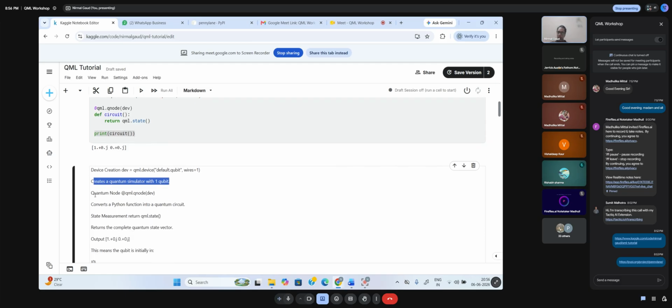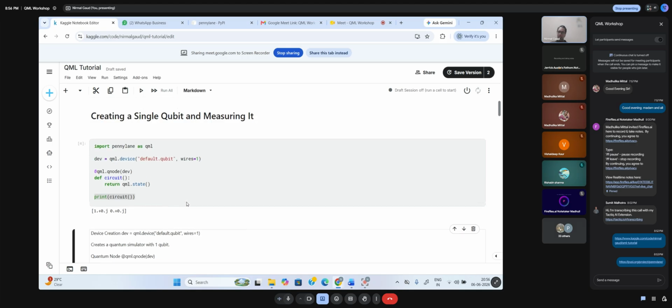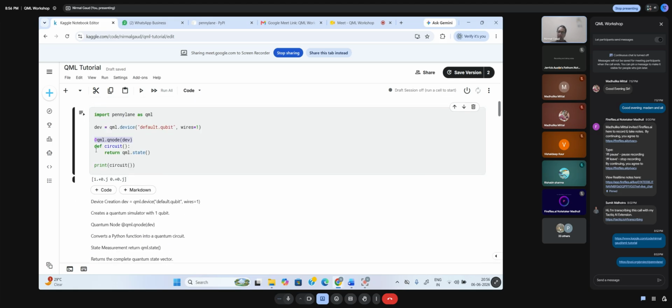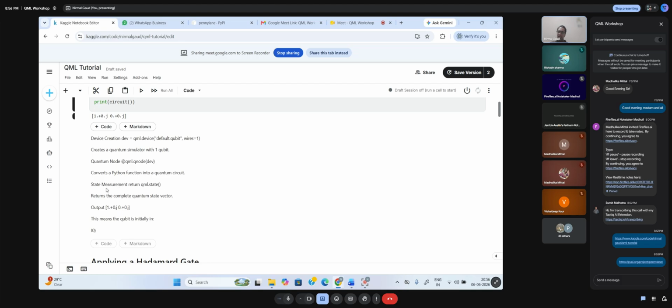Then the quantum node will be created, and that will convert a Python function into a quantum circuit. So this is the node, and I'm going to convert this node into a quantum circuit. I have made a Python function, def circuit, and return qml.state. What does it mean?